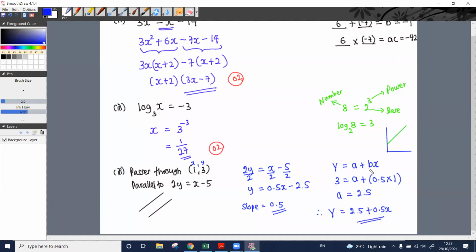Again, 2.5 is the intercept, and the slope value is 0.5. The final answer is y equals 2.5 plus 0.5x.